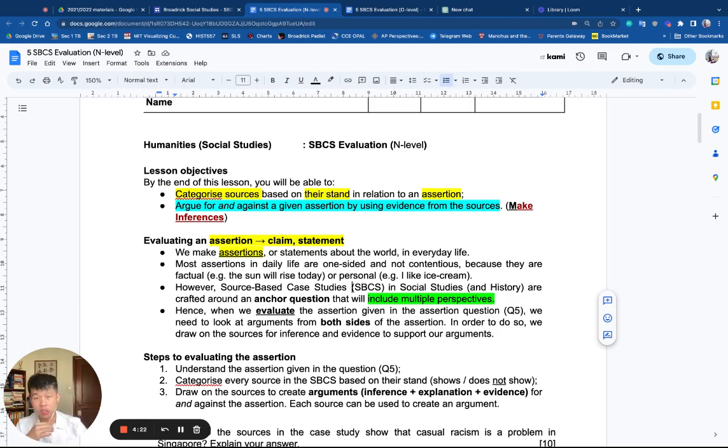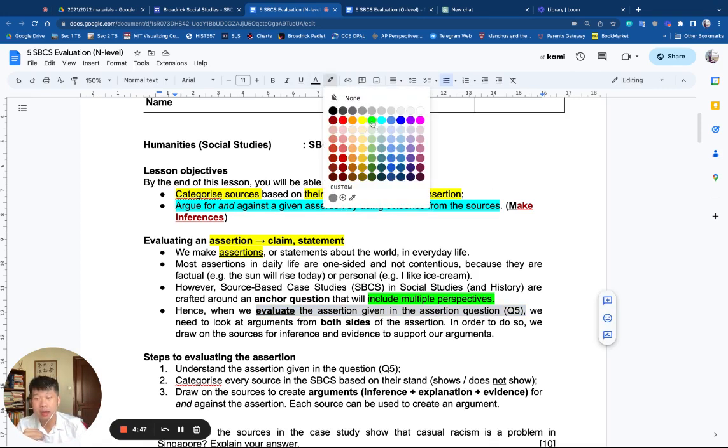And these assertions tend to emerge in the anchor question, but specifically in question 5. In question 5, the assertion will be given to you, and that's when we need to understand the sources in relation to this assertion. And hence, when we evaluate the assertion in question 5, we will have two-sided arguments.